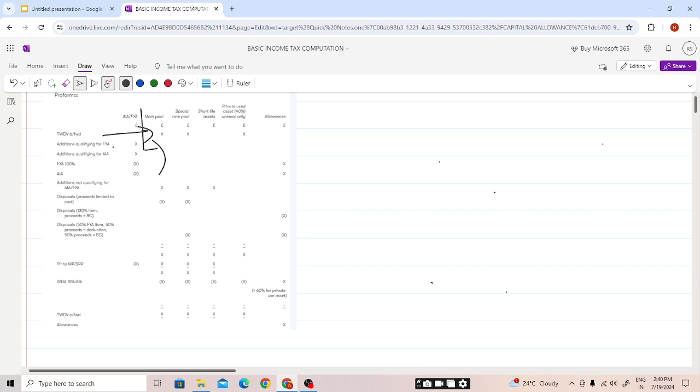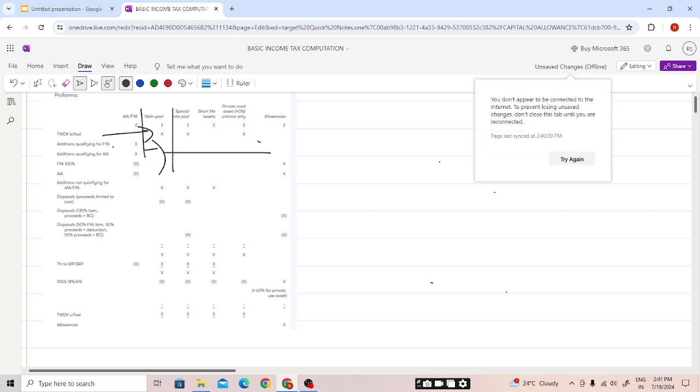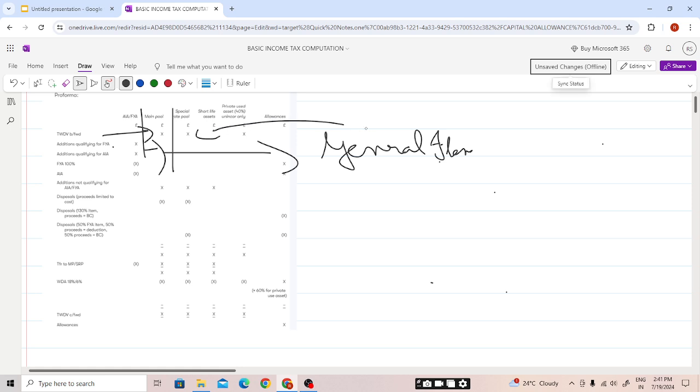We have seen what are the items relating to main pool. In main pool, all general items will be included, if they are not included in special rate pool, short life asset and private use asset. If the asset does not satisfy the conditions of these three pools, then it will automatically be under the main pool.